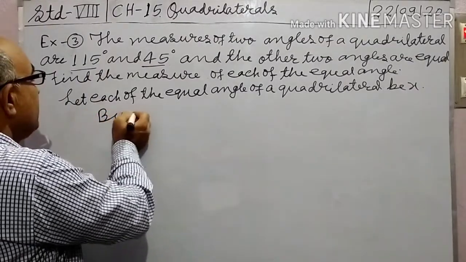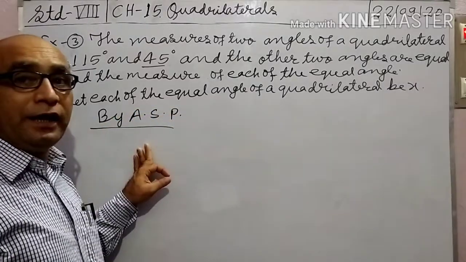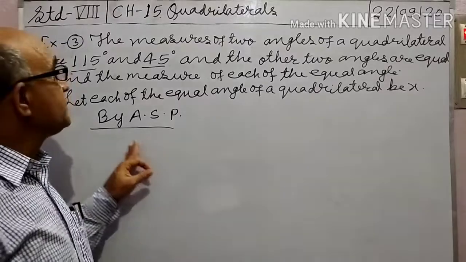By the angle sum property, the sum of all angles of a quadrilateral is 360 degrees.